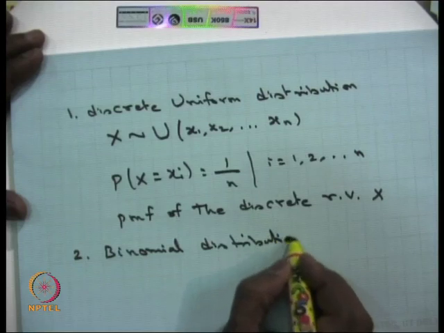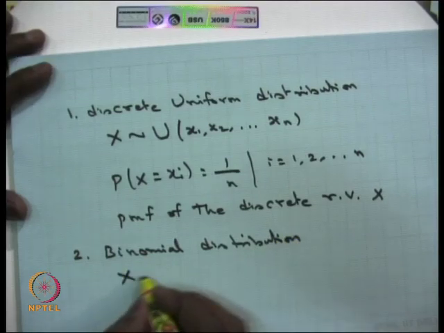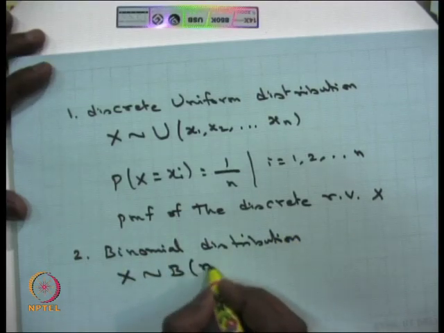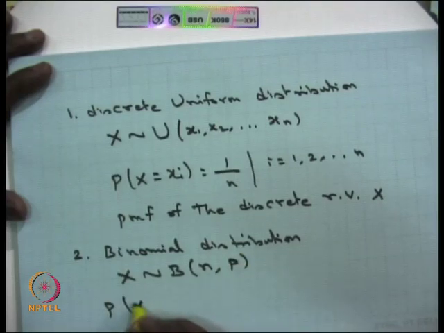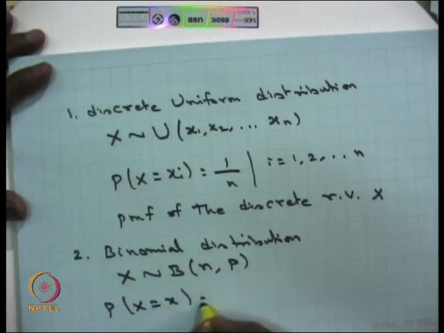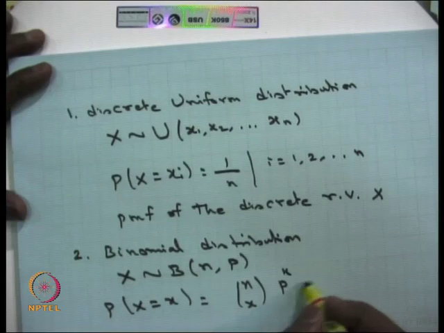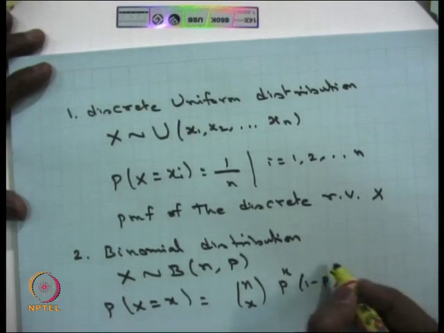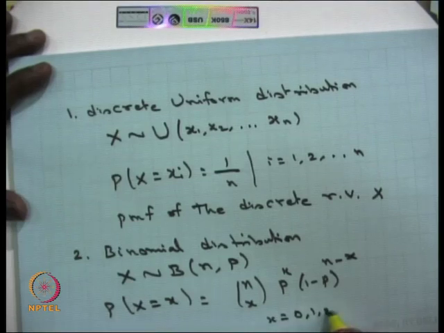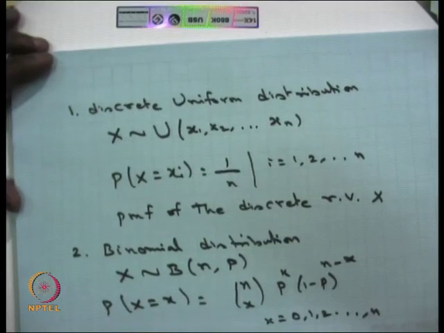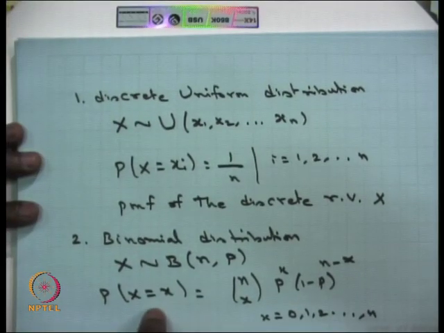When we say the random variable X is binomially distributed with parameters n and p, the probability mass function is nCx p^x (1 minus p)^(n minus x), where x takes the values 0, 1, 2 and so on up to n.